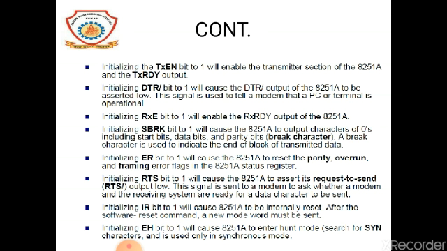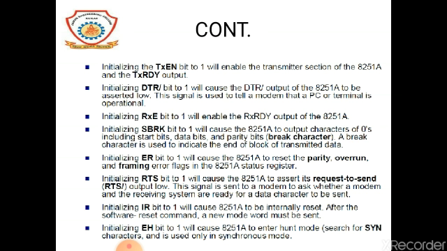In this manner the initialization process works. Initializing TXEN bit will enable the transmitter section of the 8251 and the TXRDY output. Initializing DTR bit to 1 will cause the DTR output of the 8251 to be asserted low. This signal is used to tell a modem that a PC or terminal is operational.